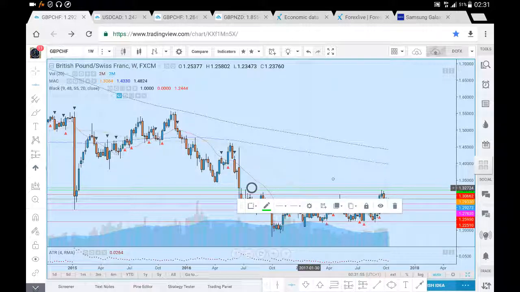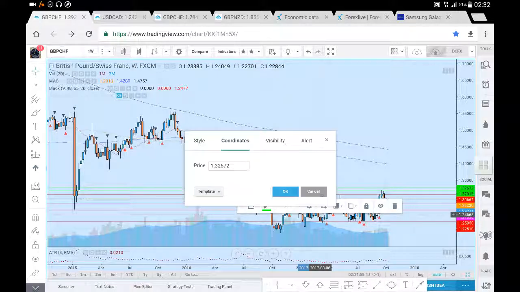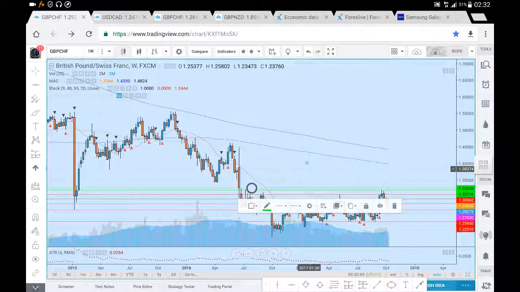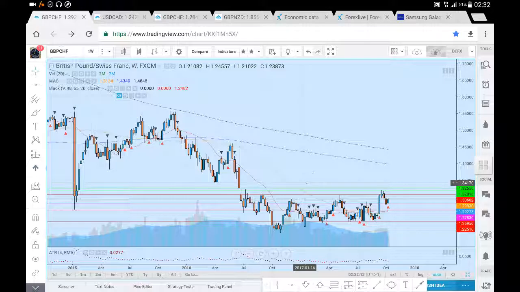I tend not to like to have my levels that close together, because I've got 32 on there, and then 32.55. It's not something I'm enthusiastic about, but I'll put it on the chart. Beyond that, again, we'll be looking at 34.17.